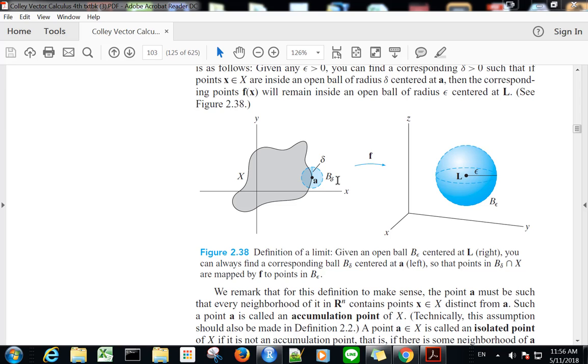In other words, if A was over here, then if you draw a really big ball, some of the points will be in X, and they will have to get mapped into here. But if A is over here, and you draw a small ball around here, none of the points will go into there, and so that doesn't really make sense.